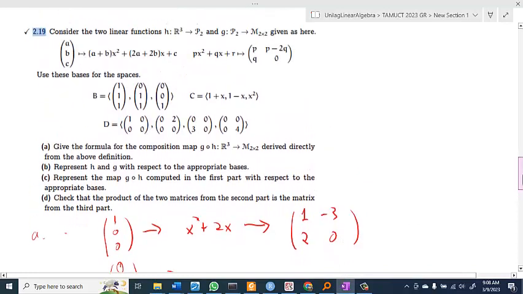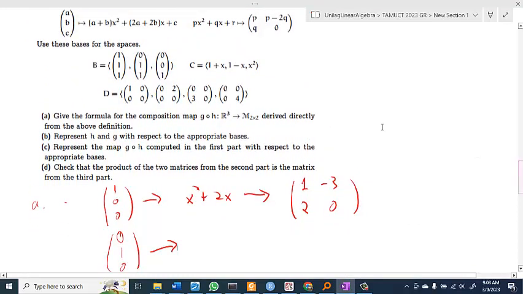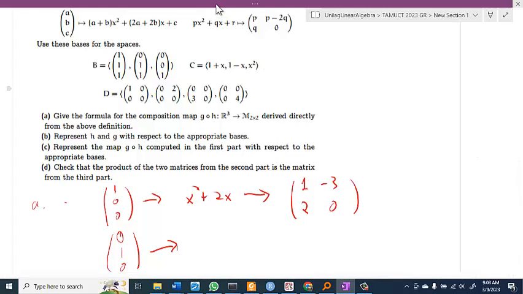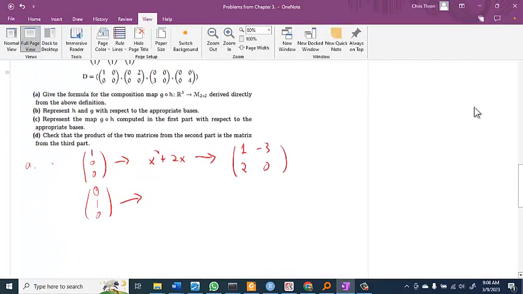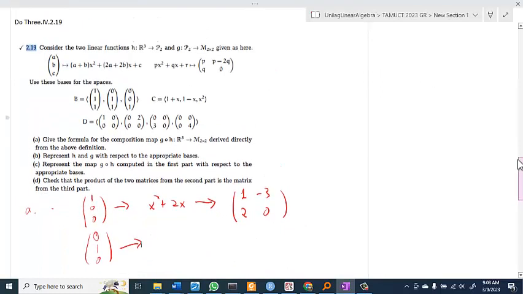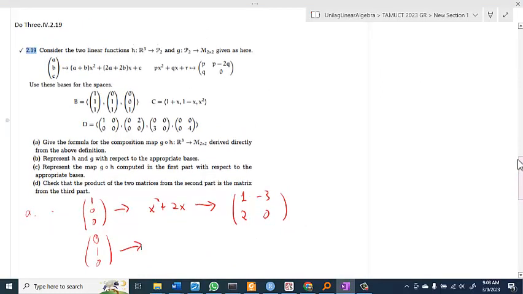So let's continue. 0, 1, 0. What does 0, 1, 0 go to? I think I may have to zoom in a little bit so I can fit the whole page. Let's do that. And so what does 0, 1, 0 go to? It's going to go to x squared here. It looks like it goes to the same thing, plus 2x.